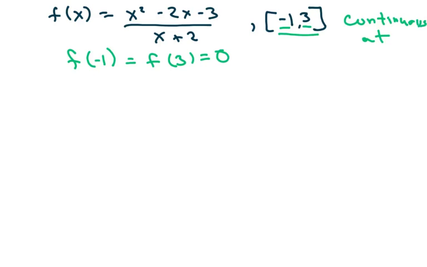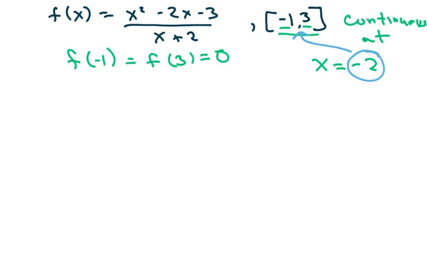It does have a discontinuity at x equals -2. There's that vertical asymptote there, because if you plug in -2, it makes the denominator 0. But -2 is not in our closed interval, so we don't have to worry about that.